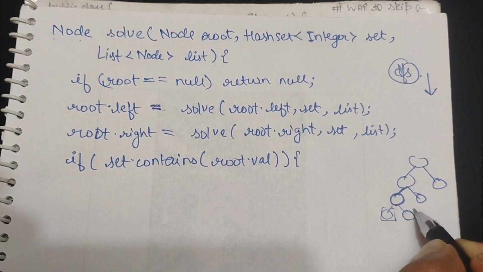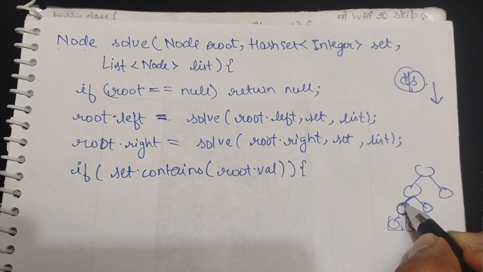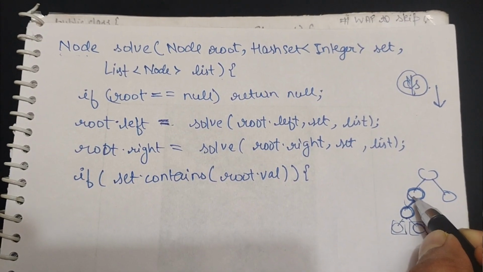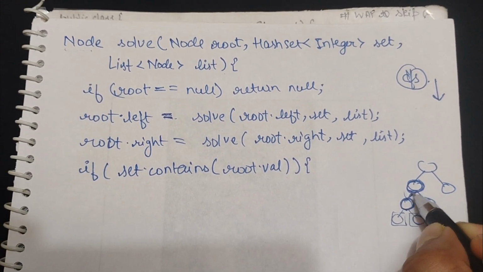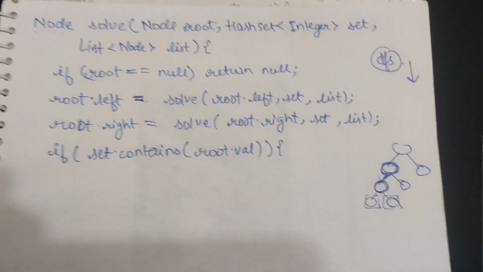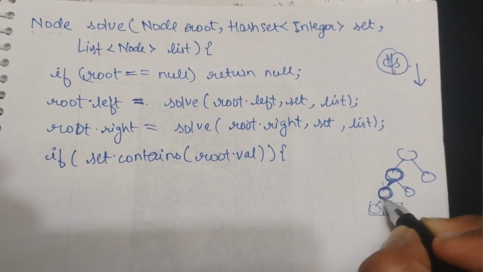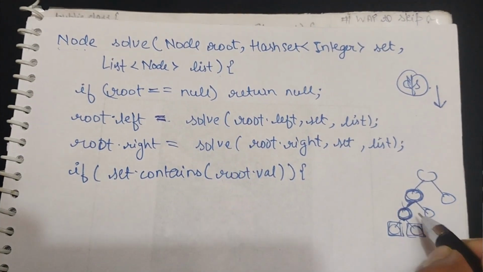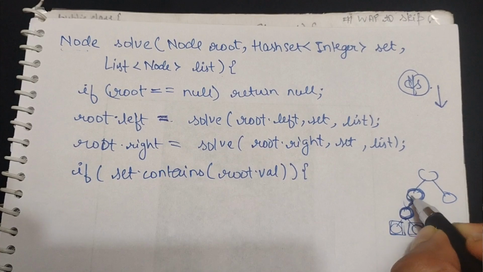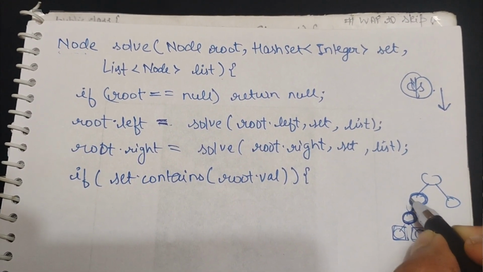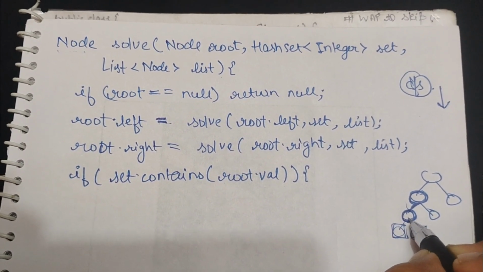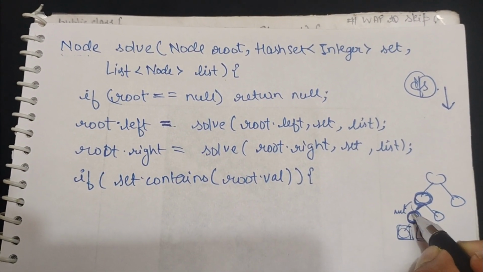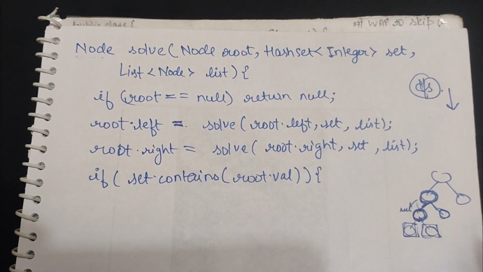So I have to store them in the answer, and this node will return null. That means now its left will become null. I'll repeat it again. If I have to remove this, I'll store its subtree in this list as answer, and this node will return null. So if this node has called the node which has to be deleted, it will return null, so its left will become null. That's how it will be removed. Similarly for right as well.